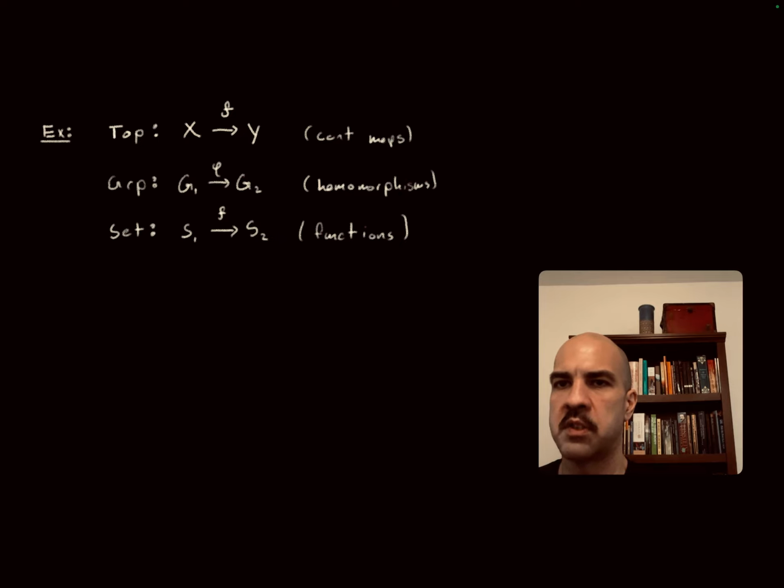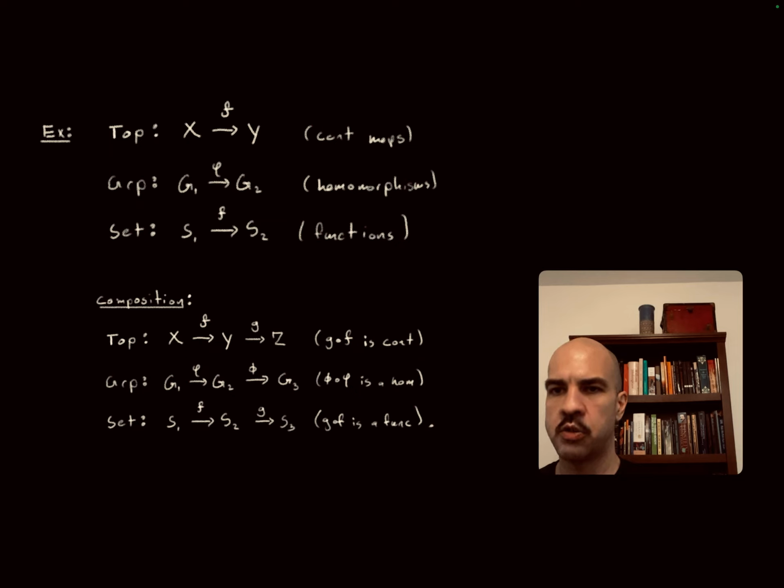Then for the theory of sets, we have two sets, S1 and S2, and then we have the functions that map S1 to S2. So what mathematicians began to notice is that there's some commonality where we're looking at sets of numbers and different types of sets of numbers together with some sort of map.